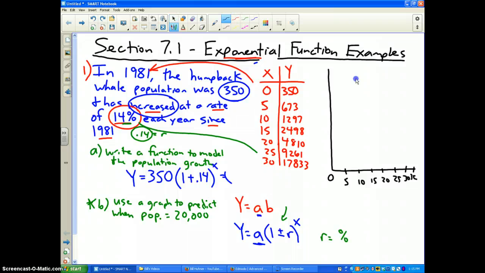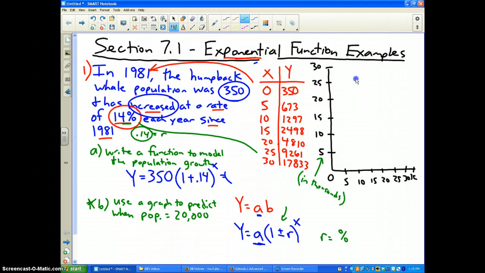And then going up, we're going to go up by 5,000. So here's 5,000, 10,000, 15,000, 20,000, 25,000, 30,000. And I'm going to put in a little arrow here. It's in thousands.